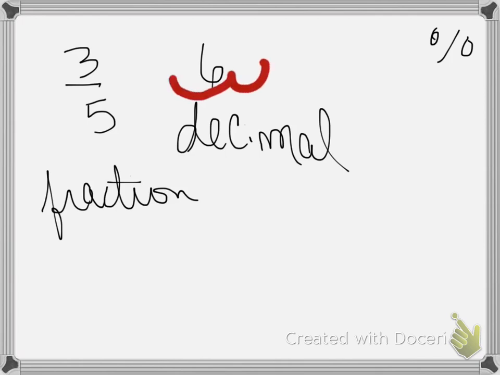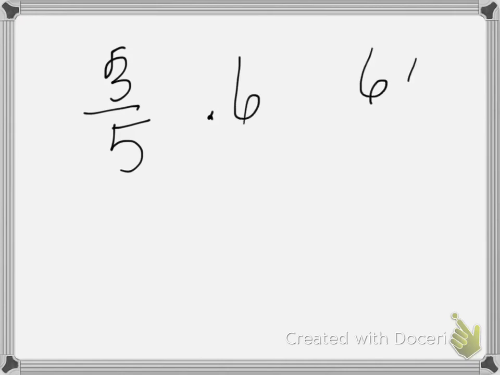So we moved it 2 places. So now it's 60%. So let's go back to our original number. 3/5 is the same as 0.6 as a decimal, which is 6/10, which is the same as 60%.